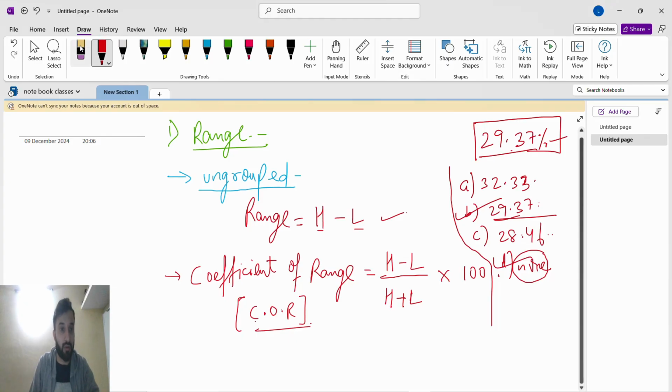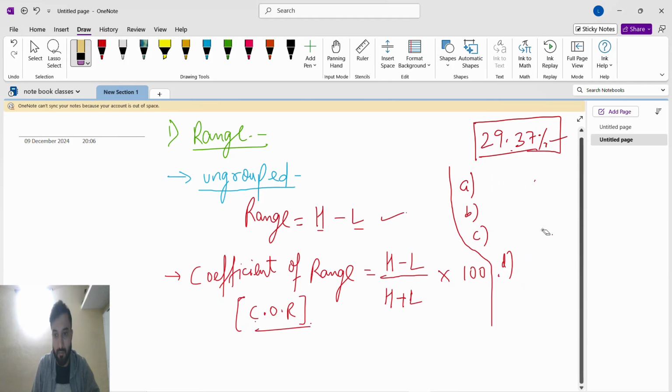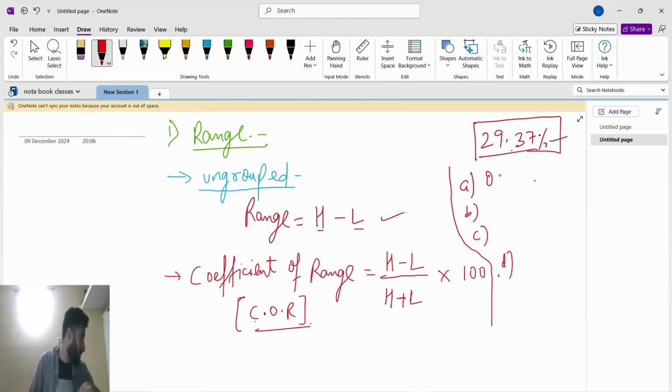One more thing: sometimes they will give options like 0.3337, 0.2843, 0.2937, none.